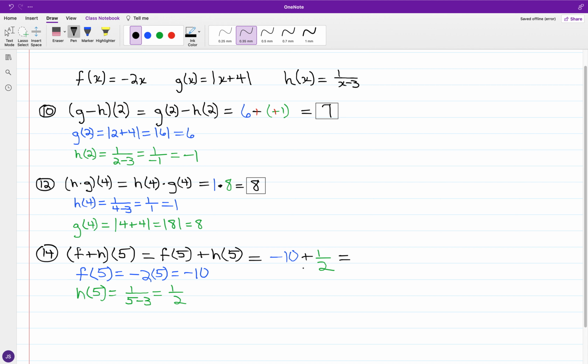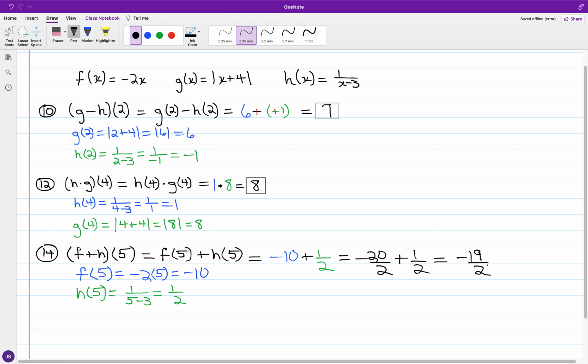Think of negative 10 as negative 10 over 1, and negative 20 over 2 is the equivalent of negative 10 over 1, but expressed in halves, and I can join with 1/2 finally. And negative 20 halves plus 1/2 will be equal to negative 19 halves, or negative 9.5.